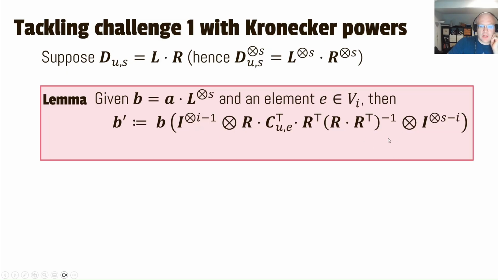It's a bit of a complicated formula, but what I want to tell here is that only something non-trivial is happening in the i-th block, which is the block where the element e resides. And if you look at this i-th block, what we're doing is we're multiplying with R. So then there was already an L, so there's L times R, so now there's times D. Then there is the transpose of the element convolution, and this you may recognize as the right inverse of R. So with this right inverse, you're trying to invert the multiplication by R earlier.